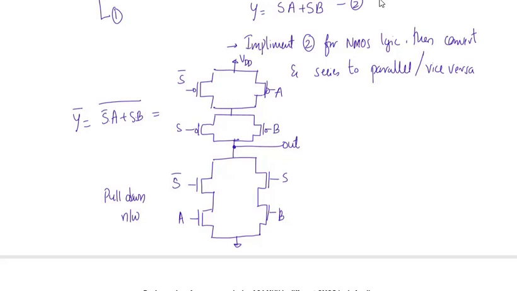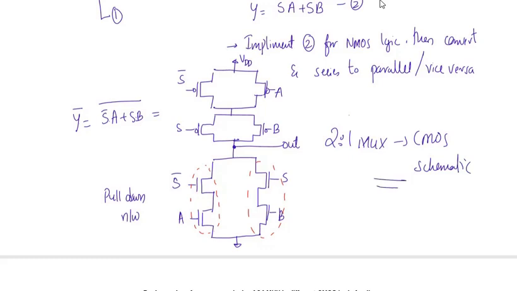And because these were in parallel, I'm going to convert them in series. So this is how the CMOS schematic of my 2:1 mux is going to look. So this is my first circuit.